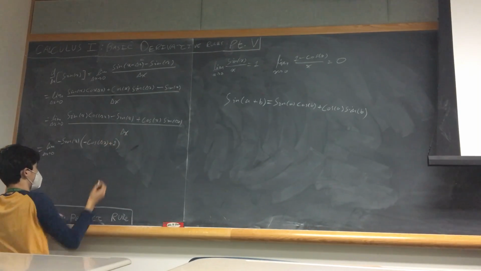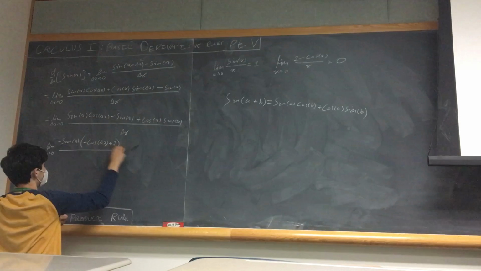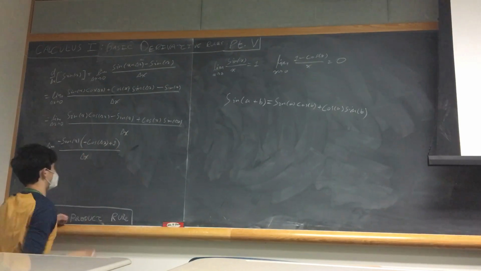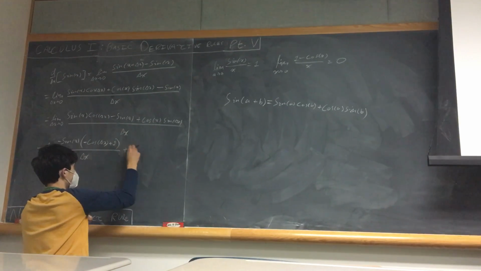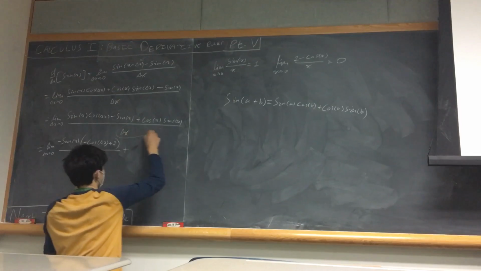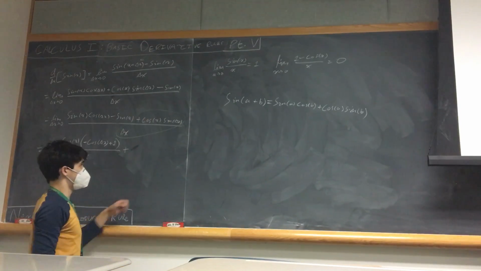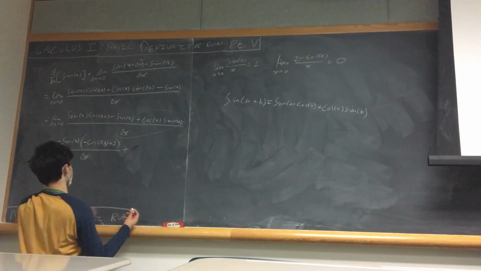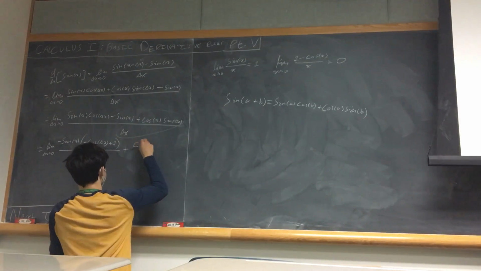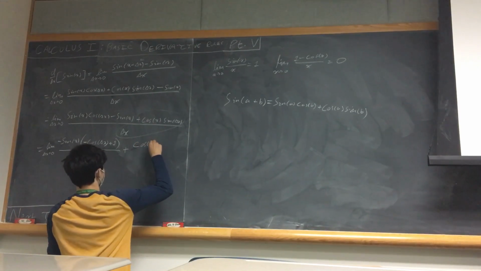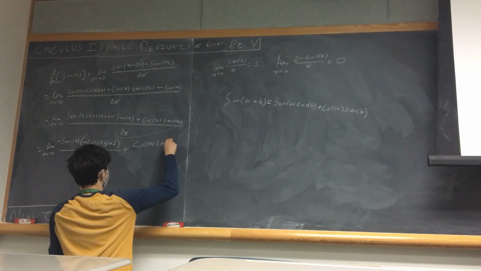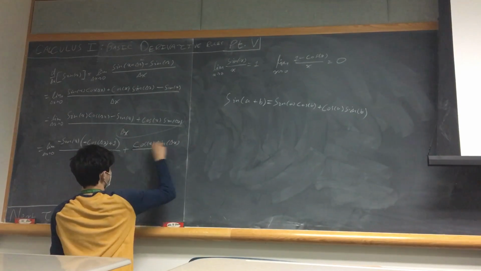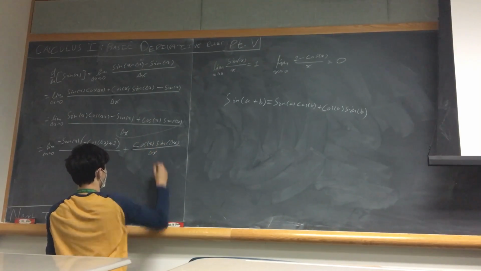So we get negative cosine of delta x plus 1 over delta x, plus, now I can take this part of the fraction and split it off into its own, plus cosine of x sine of delta x over delta x.